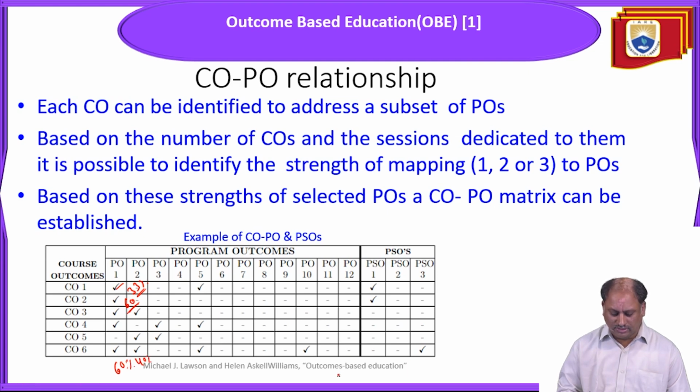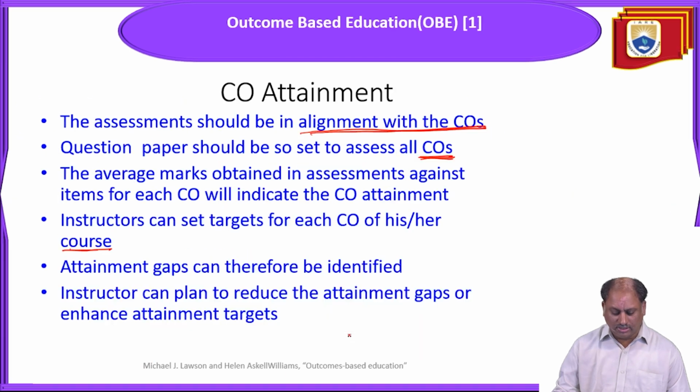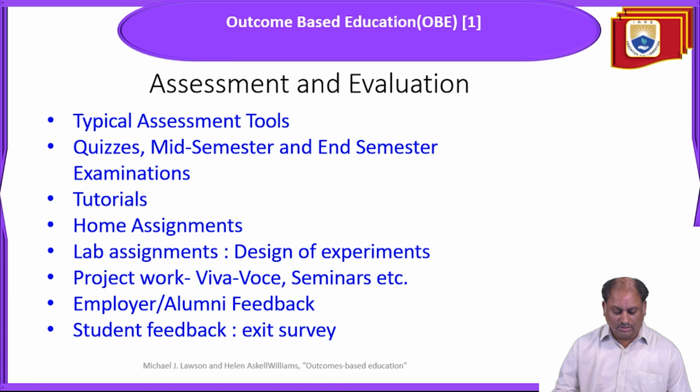The average attainment is to be calculated for each CO-PO, and this is to be attained with direct and indirect assessment, that is, with the help of quizzes, tutorials, assignments, lab experiments, project work, employer and alumni feedback.